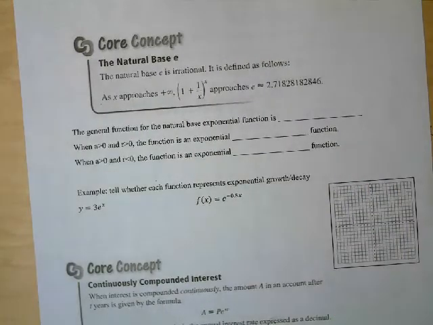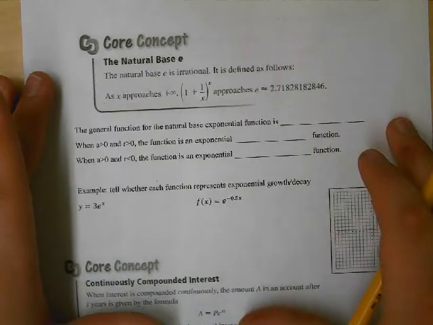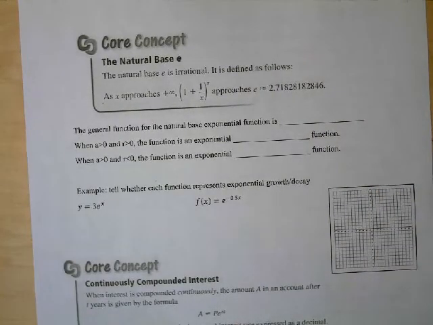We're going to learn about something new today, where I'm giving you a new number to think about. It's called E, the natural base E. It's an irrational number. It's a lot like pi, but we generally use this when we're talking about continual growth, like continual interest.